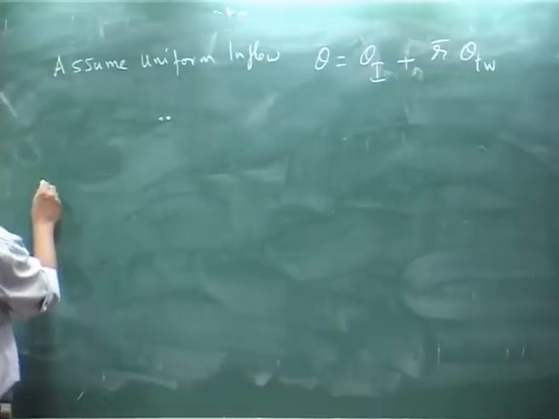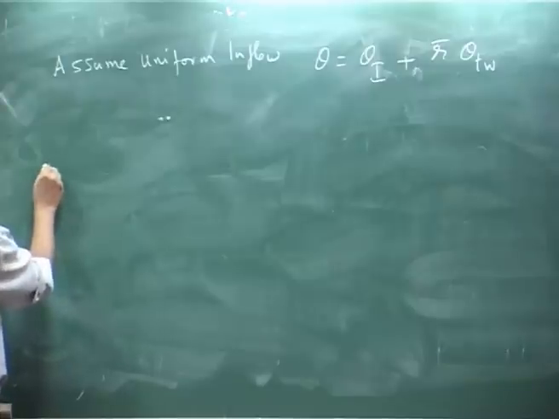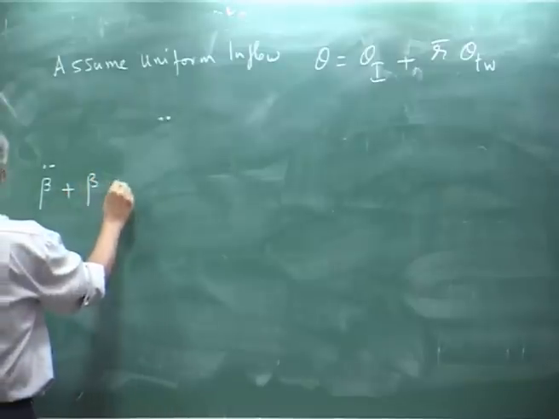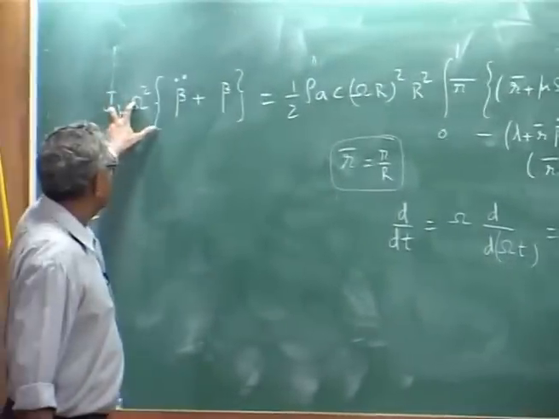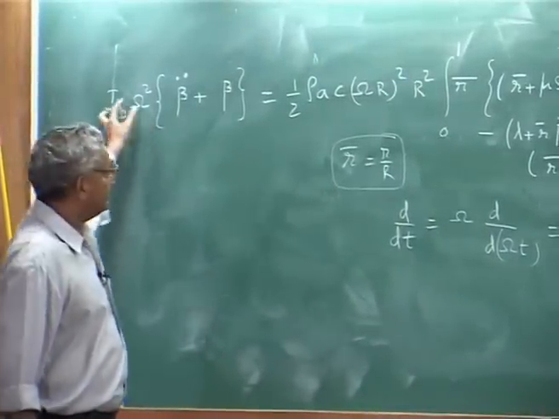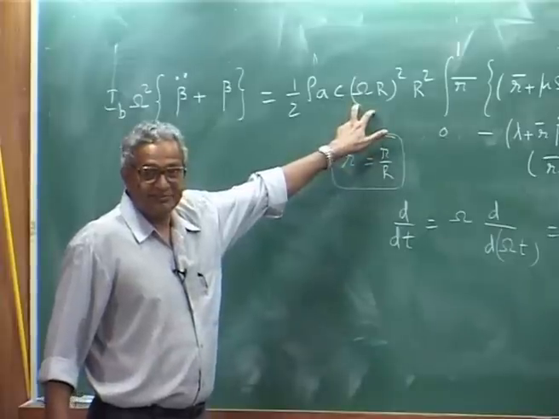This is beta double dot plus beta equals, okay. Now you see, I take this I B omega square and divide here.